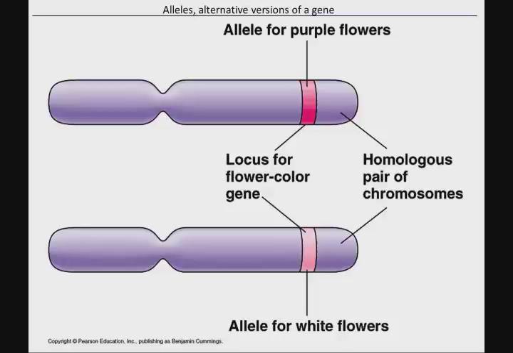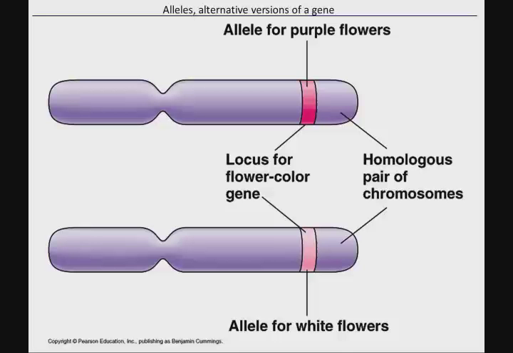This is the best picture for this, right? So you've got two chromosomes. They are copies of those chromosomes, right? They're in the pair. They're what we call homologous chromosomes, right? So they're pretty much the same, except for the fact that they have what's called an allele. An allele is different versions of a gene.